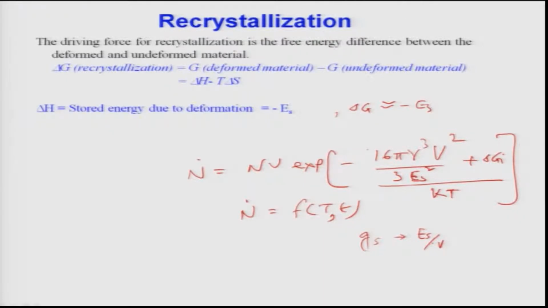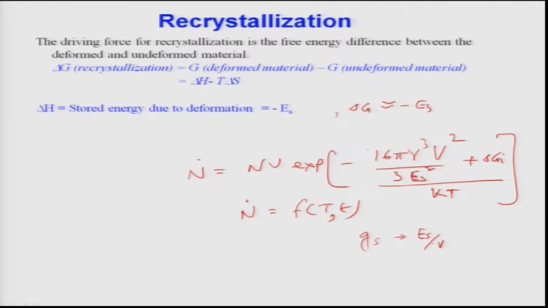So, E s is the strain energy stored, V is the volume, gamma is the interfacial energy, k is the Boltzmann constant, T is the temperature, and delta G I, as I discussed, is the activation energy for grain boundary diffusion.